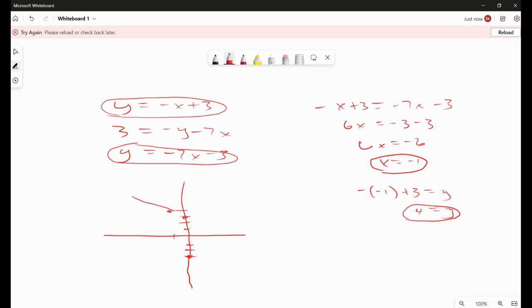So my graph looks something like this right here. And I have justified where they intersect. Even if I use the calculator and draw this, it's going to be right there at negative 1 and 4. So that's kind of how I deal with those.